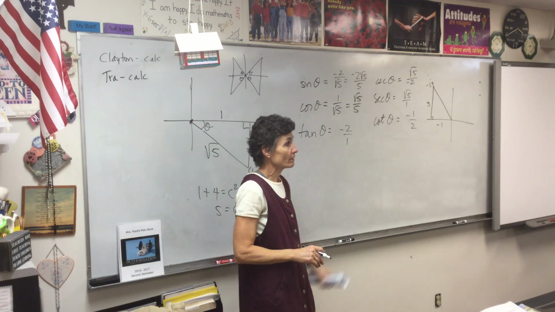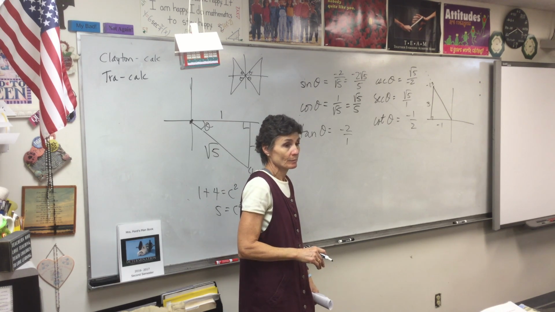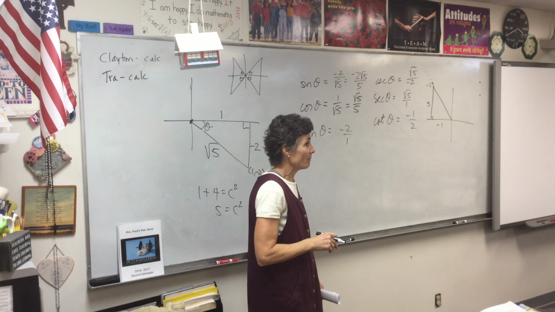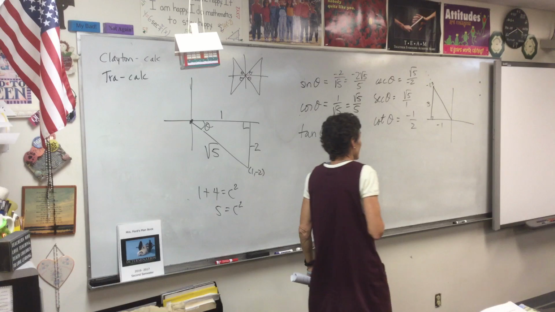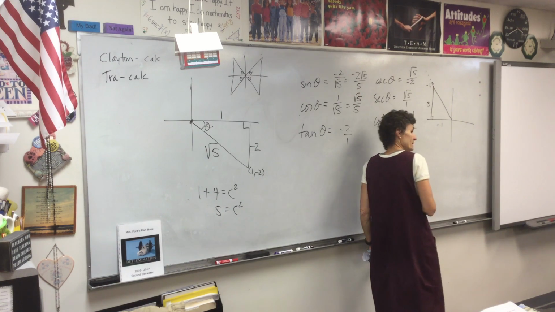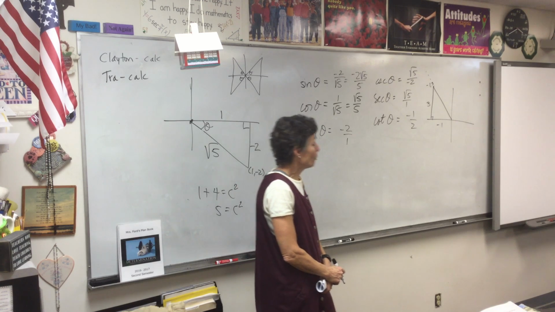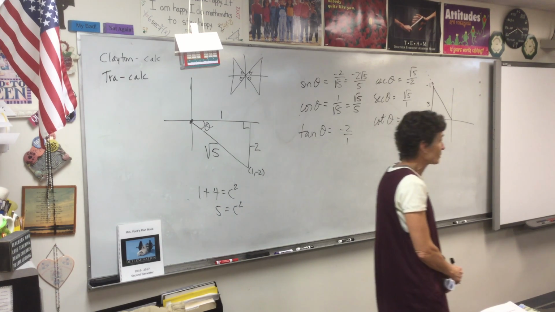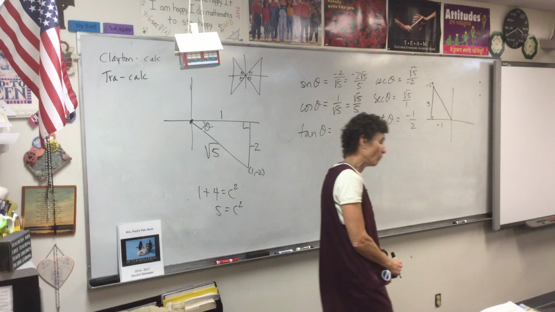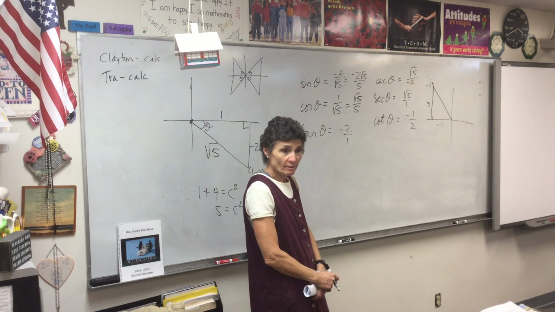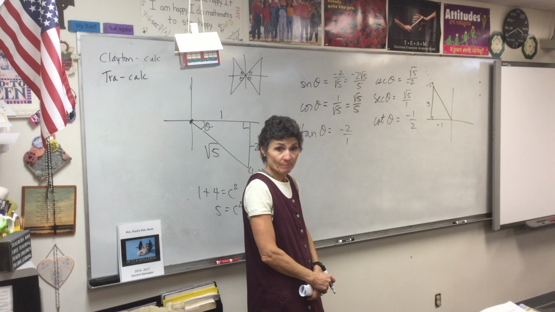What's the next step? Think about what we did over here. Gotta find the hypotenuse. And how am I going to find the hypotenuse? A squared plus b squared equals c squared. So figure that out all by yourselves. Don't put any negatives in the Pythagorean theorem, ever, ever. It's always going to be all positive. So you have 1 squared is 1, 3 squared is 9.